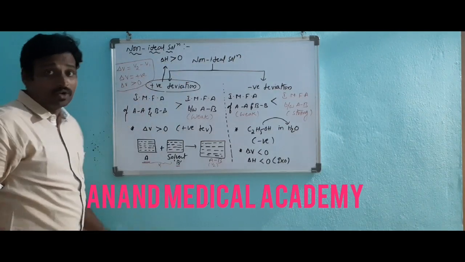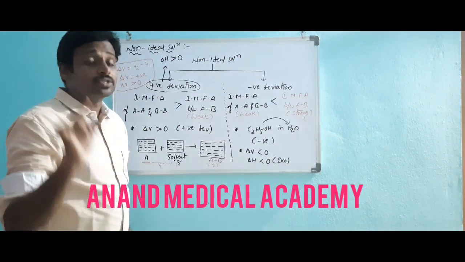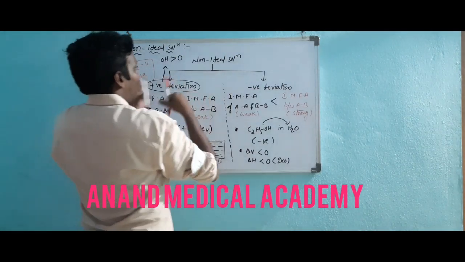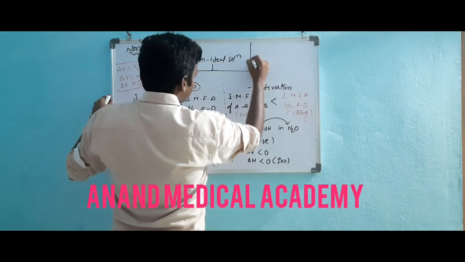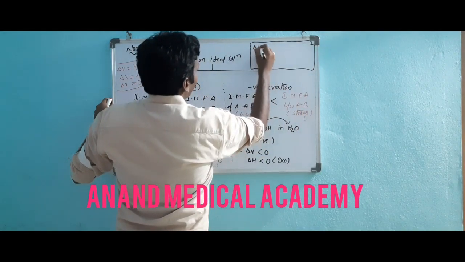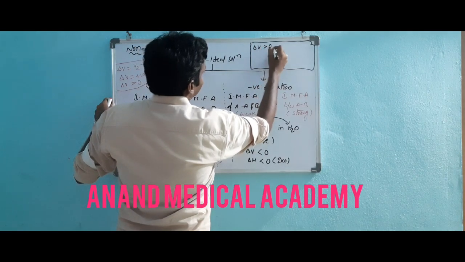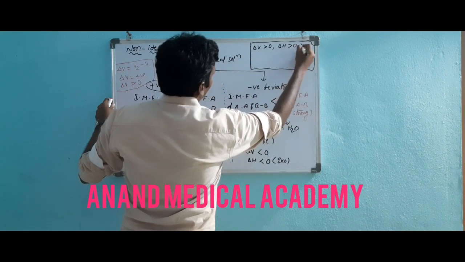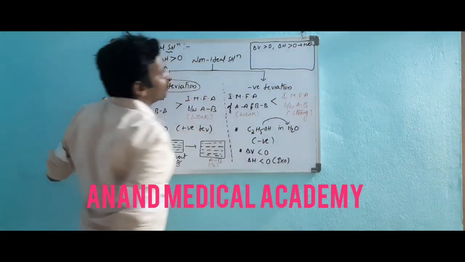A final conclusion I will write here: delta V is greater than 0 and delta H is greater than 0 for positive deviation.